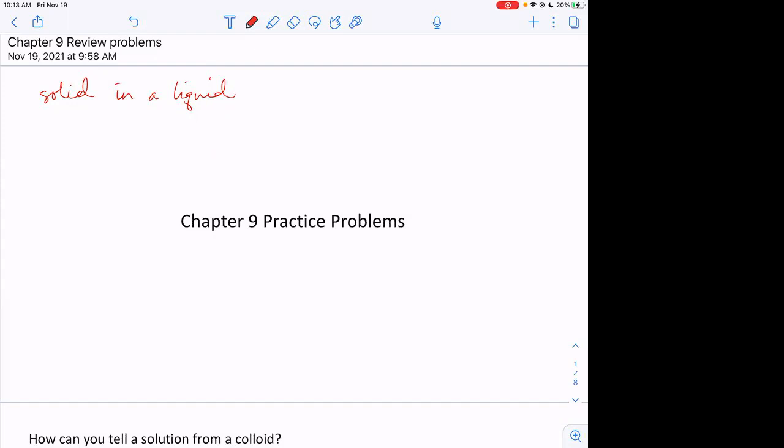How does the solubility change with temperature? If I decrease temperature, what happens to the solubility of that thing? Decrease the solubility. If I increase temperature, increase the solubility. The example I gave was with honey. Honey's a supersaturated solution. It's oversaturated with sugar.